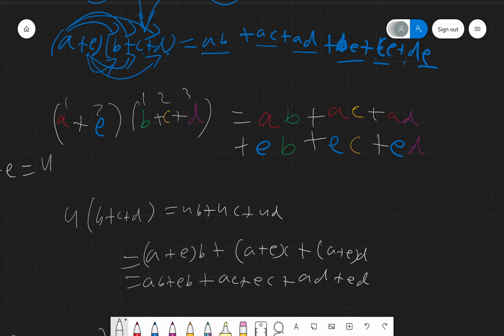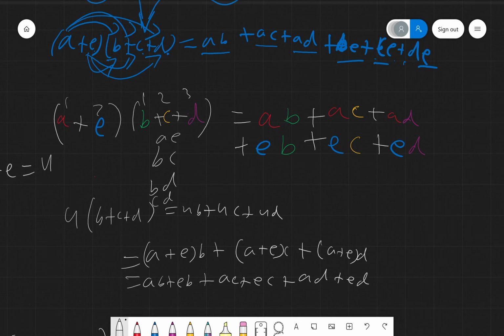But notice we don't have any BCs, BDs, CDs, or AEs. We don't have any of those. That's because they're in the same set of parentheses, right? AE is together, BC, BD, and CD are all together, so we don't use those. We use every combination of 2.